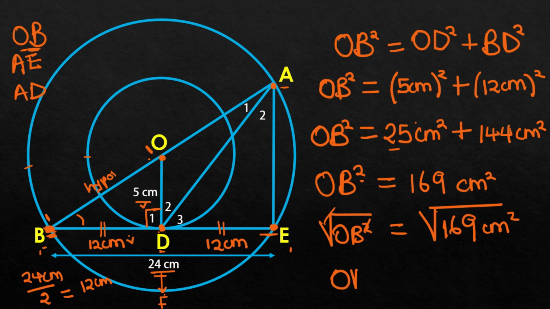We're going to be left with OB is equal to the square root of 169, which is going to give you 13, and then the square will cancel the exponent, so you're left with 13 centimeters. So that is the value of OB. So we have established the fact that OB is equal to 13 centimeters.